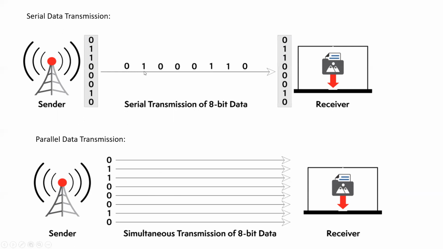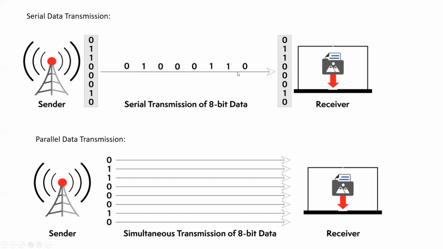First zero, then one, then zero, like this. This is called serial transmission. In serial transmission, bits are transmitted serially, one after the other. When the zero bit is transmitted, then one, then zero, then zero.